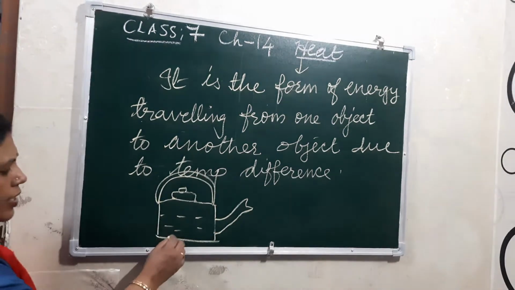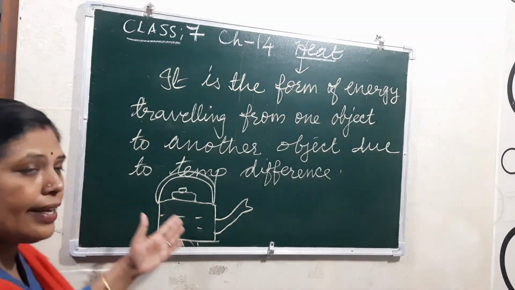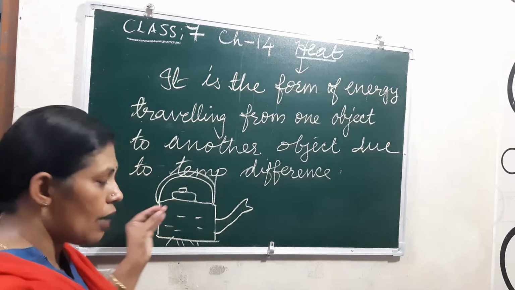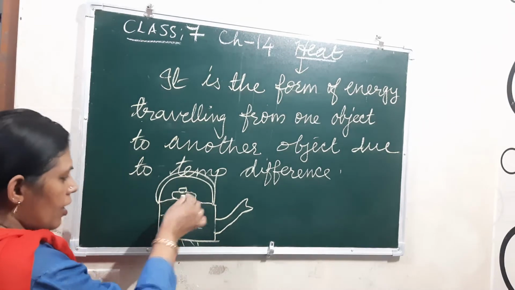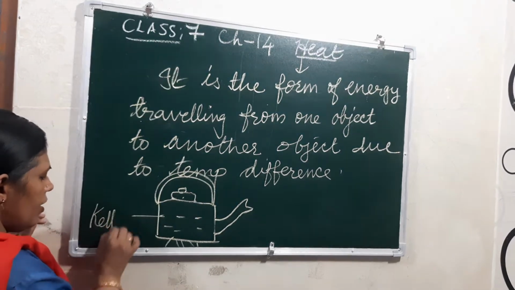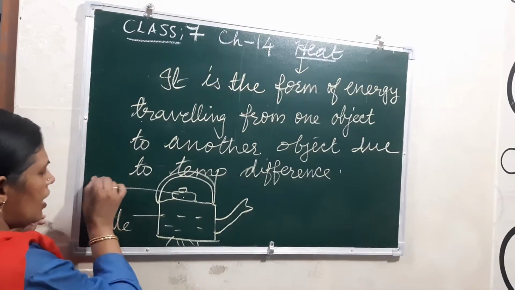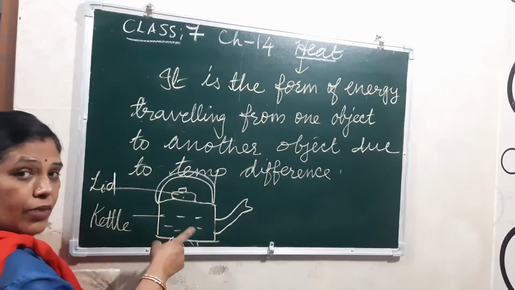So, if you boil this water in the kettle, after a bit, at that time you should close the lid. This is the lid, okay? That time the steam comes, right?